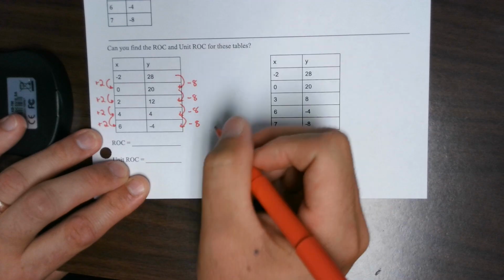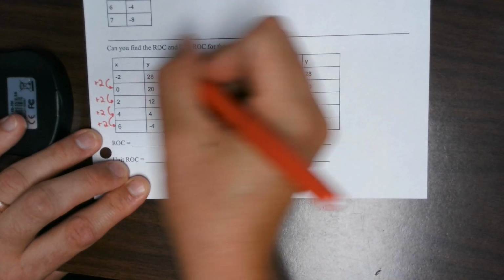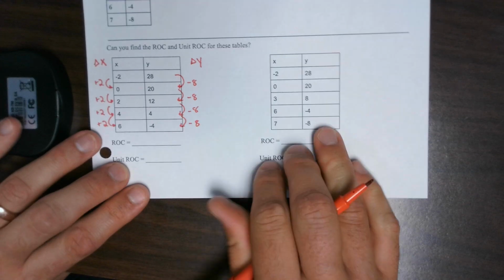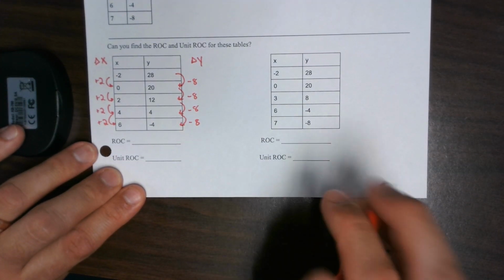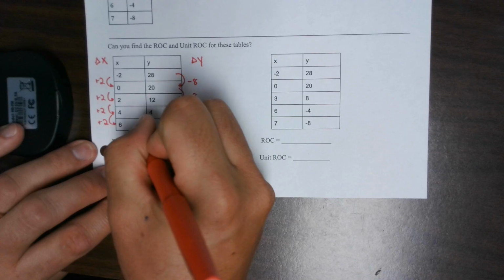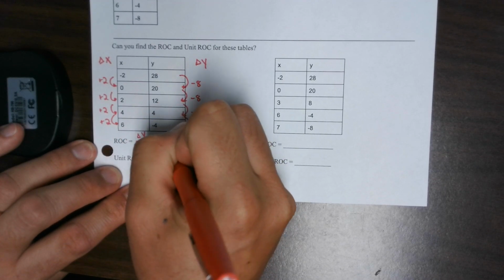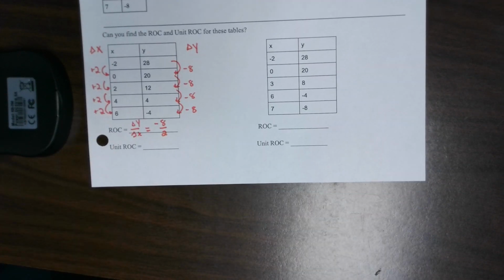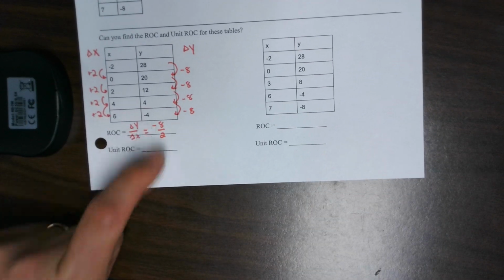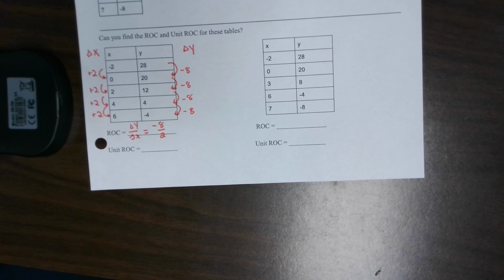So once again, I'm noticing that it's the same change in y all the way through, the same change in x all the way through. We actually saw this in our lesson yesterday. So the rate of change here, change in y divided by change in x, is -8 divided by 2. That means for every 2 units of x, we're moving down 8 units in y.